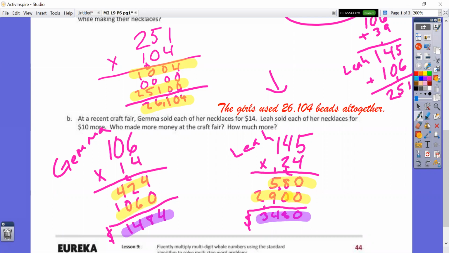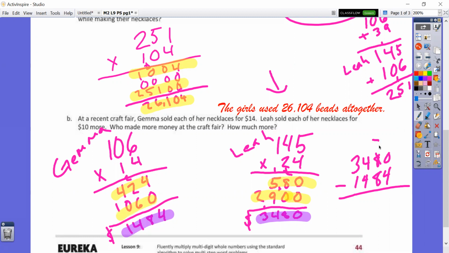But we now know that Leah definitely made more money, but we don't know how much more. Well, let's take Leah's money, which was 3,480. Let me not say it that way because I said it mathematically incorrect. We're going to subtract from 3,480 the 1,484 to get the difference of how much more Leah made.